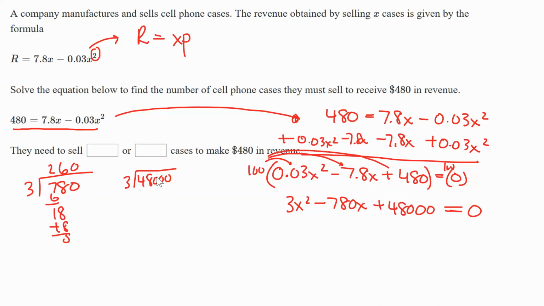Yes, it does, because I know that 16 times 3 is 48. So 3 goes into 4 once. Leftover is a 1 with 8 coming down. That's 16. 0, 0, 0. So really, if you factor out a 3, you'll be left with x squared minus 260x plus 16,000.